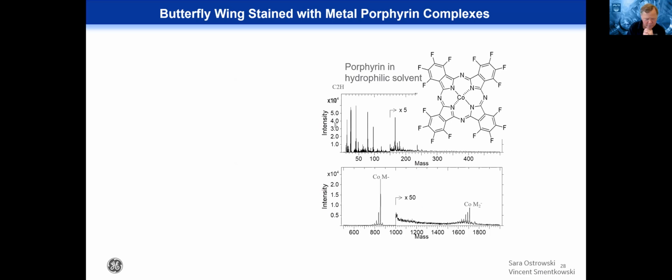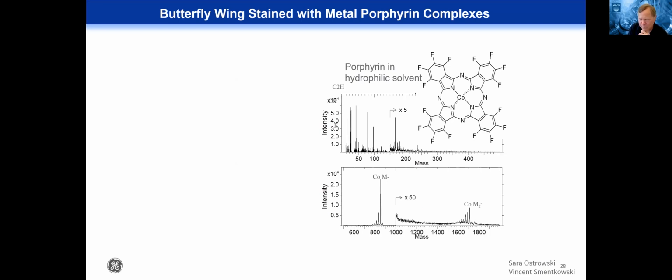When we were talking about Auger, I showed an example where there were metal layers placed onto the butterfly wing. That same colleague was treating the butterfly wings with porphyrins. He came to me and he said, can you detect this porphyrin on a butterfly wing?